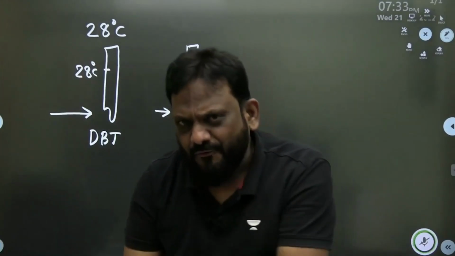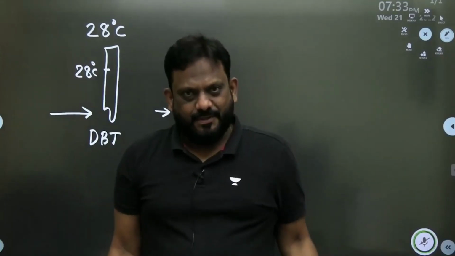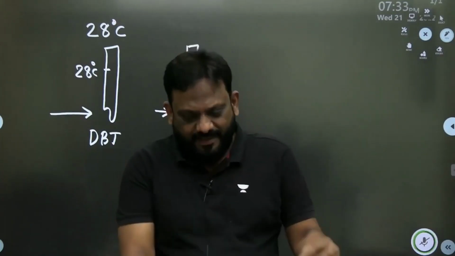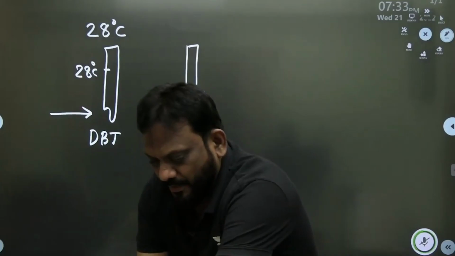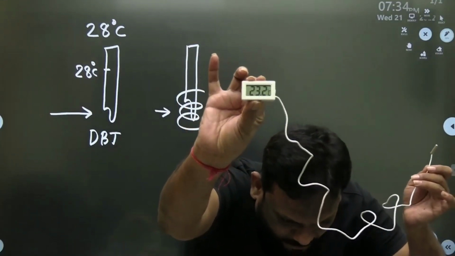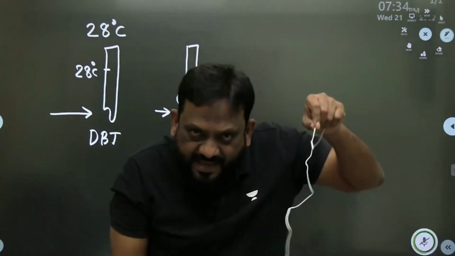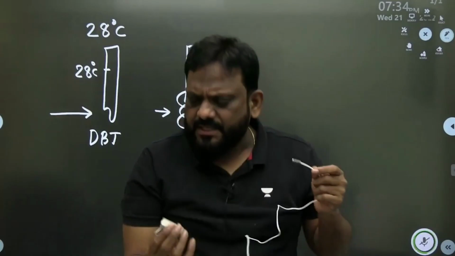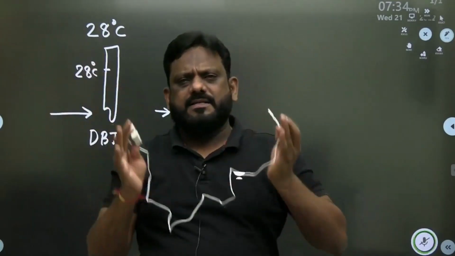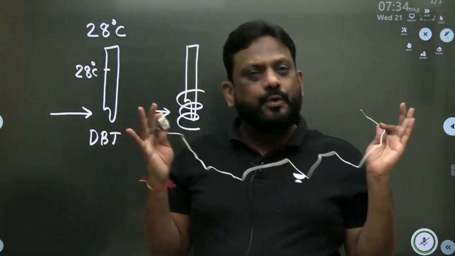Same thing happened when I kept this sensor. Look, it is still coming down. Oh my God, 23.2. Earlier it was 24 point something. Initially when I kept it in water, it was recording the surrounding temperature, because the water and the surrounding air temperature were absolutely the same.